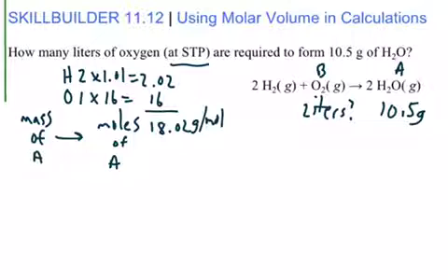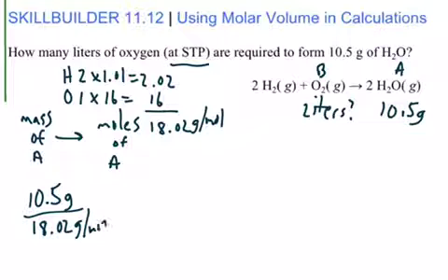So let's go ahead and convert the grams of water. If you divide by the molar mass, which is 18.02 grams per mole, that is going to give us the moles of water, which ends up being 0.582686. We'll round later on.